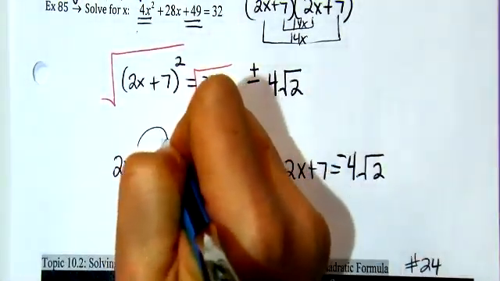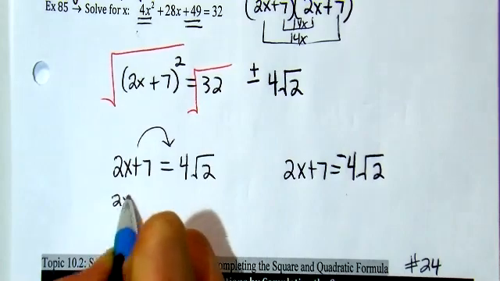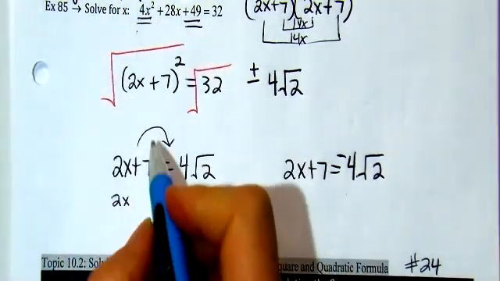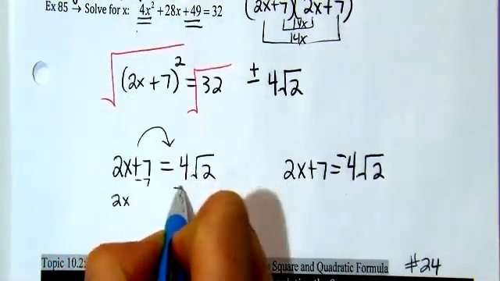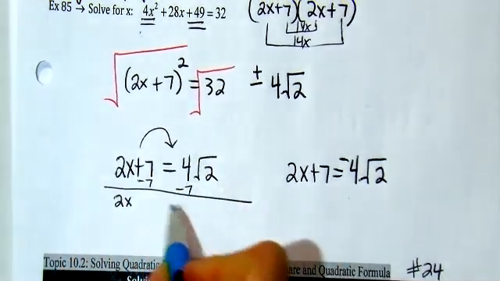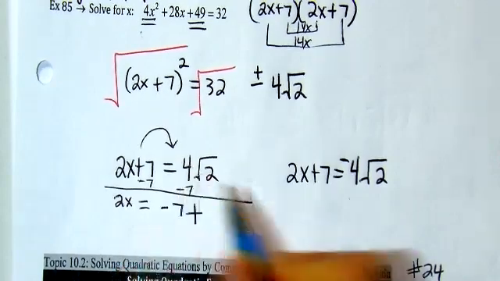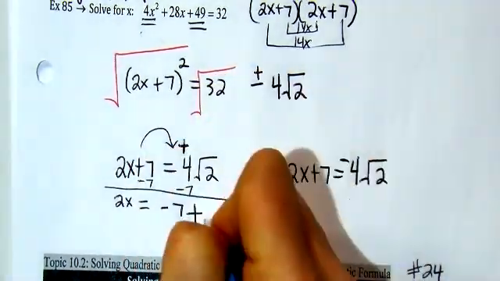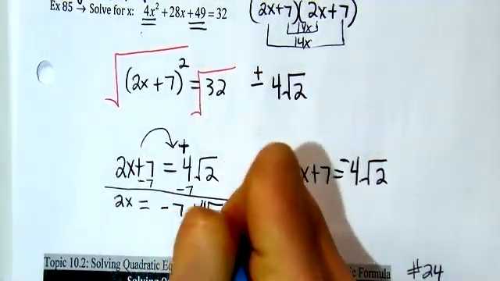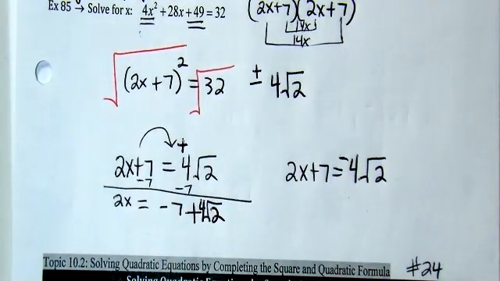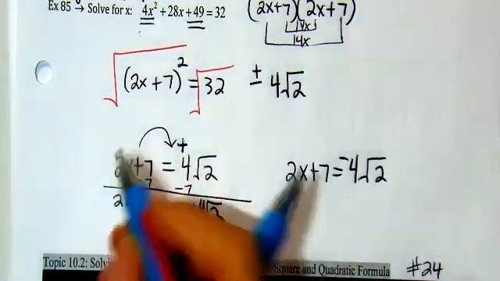So I would be subtracting that 7 over, again, remembering from above in the previous examples, if I subtract that, they're not like terms, right? So we need to write it as an expression of maybe like negative 7 plus, since that's the positive form of 4 square roots of 2, plus 4 square roots of 2. And then to get x by itself, we need to divide.